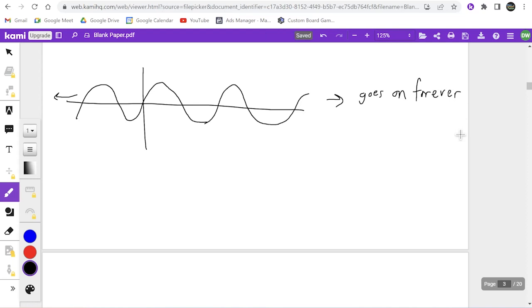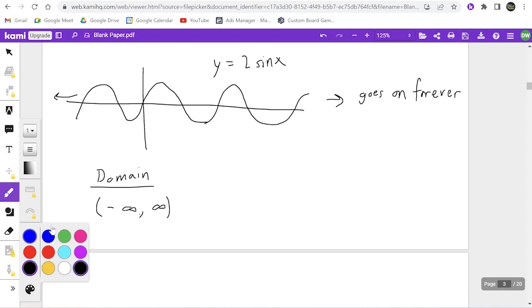And that means a couple things. Like, for instance, it means that the domain, if your domain is all your x values, and this goes on forever, it's all x values, negative infinity to positive infinity. And that's awesome, because that's an easy domain. Now the range, I don't know why I gave you 2 sine x, but basically, if you have y equals 2 sine x, it goes on forever, and it means that the highest point is positive 2 and the lowest point is negative 2.